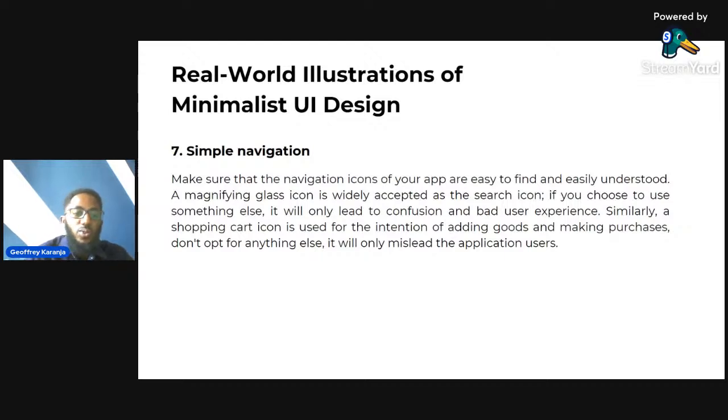If you choose something else, it will only lead to confusion and bad user experience. Similarly, a shopping cart is used for adding goods and making purchases. Don't opt for anything else; it will only mislead the application users. So you can see using icons makes it simple to navigate.